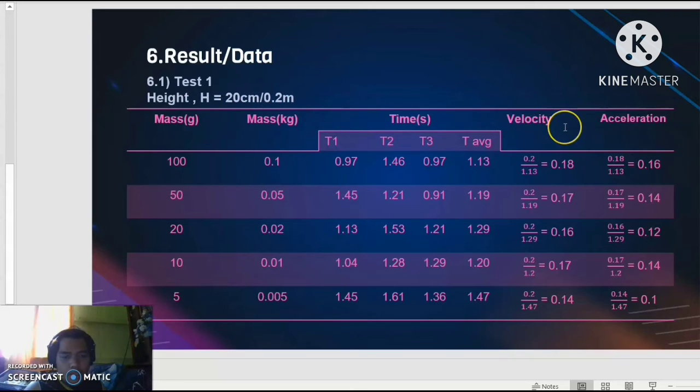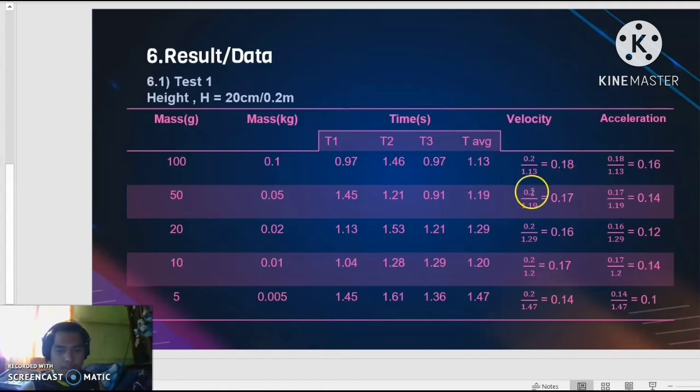For calculating the velocity, we use the formula of height divided by time. For the first 100 gram weight, we got a velocity of 0.18 m/s.